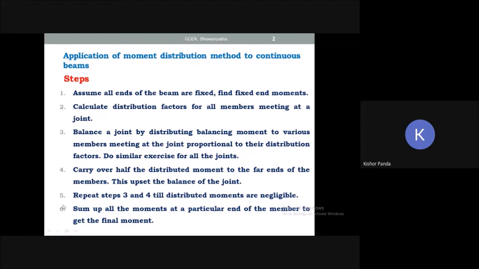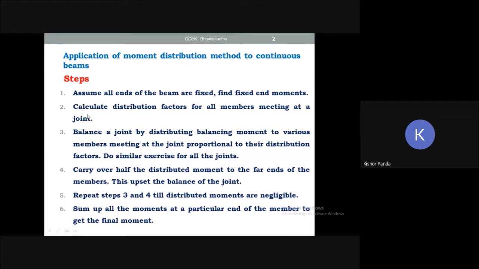These steps you already know from the class, so you have to remember them. The first step is to find out the fixed end moments. Second, find out the distribution factor. For the distribution factor, first find out the relative stiffness of the members, then the relative stiffness of the joints, then the distribution factors.